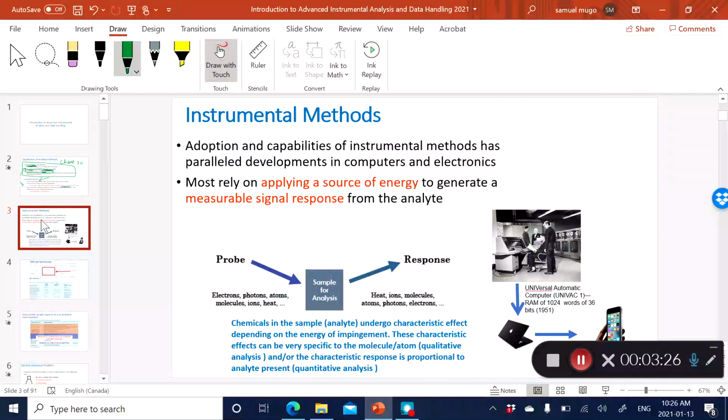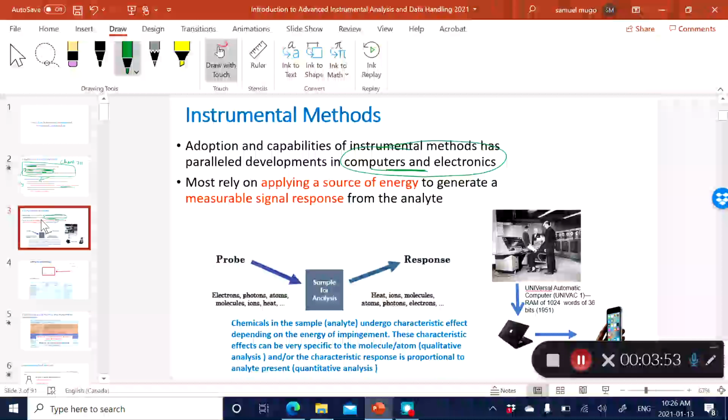Now, instrumental methods of analysis mainly were adopted as computations and electronics developed. So they went shoulder to shoulder, as computers were being developed, so was the automation of classical methods of analysis for them to become instrumental methods of analysis.